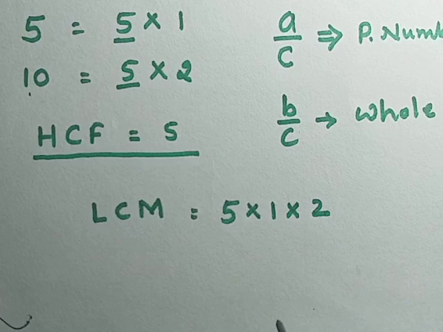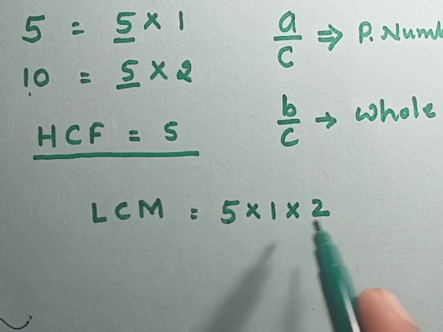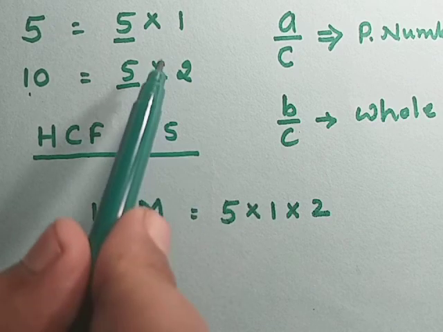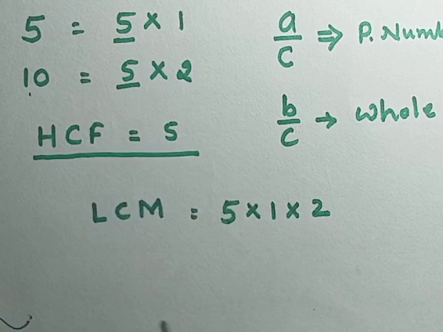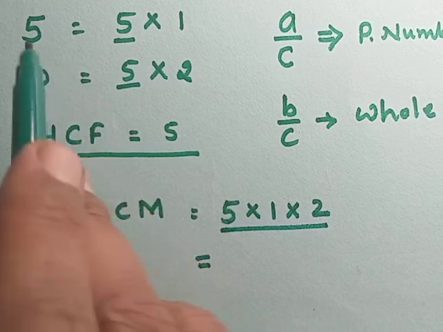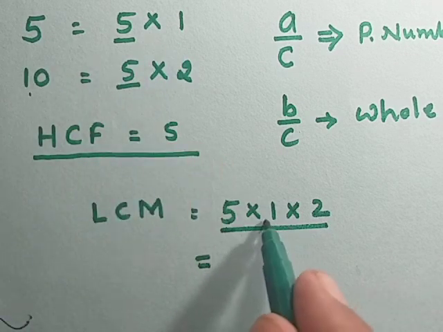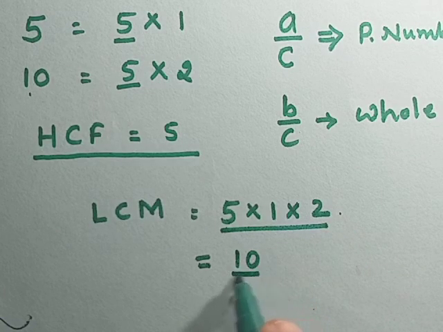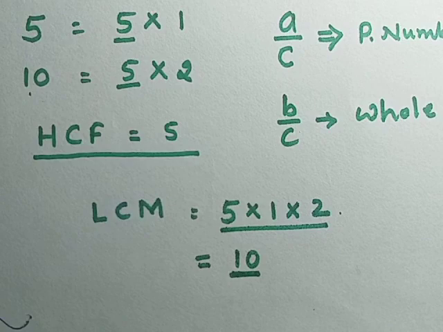Multiply these two, 5 into 1 into 2. First take the common factor and then take the uncommon factors. Multiply all this to get the LCM of the given numbers. That is, 5 into 1 is 5, 5 into 2 is 10. That is how we find the LCM and HCF of given numbers.